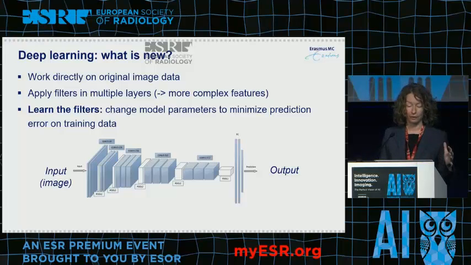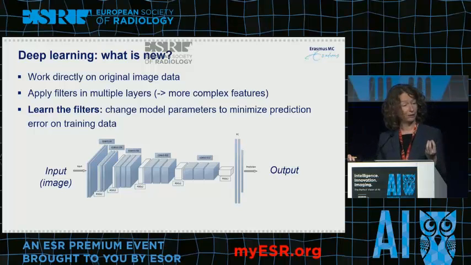So this is a very big machine with a lot of parameters. We feed the machine with input images, of which we know what the output should be, input voxels, of which we know whether they should be hippocampus or background. And then we change the model parameters to minimize the prediction error on our training data.